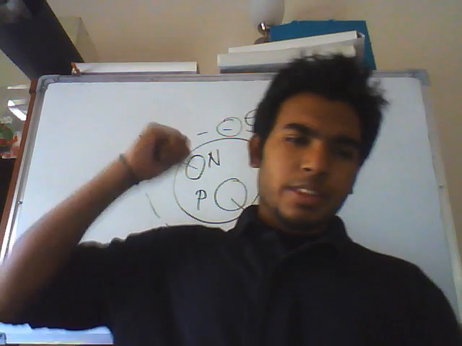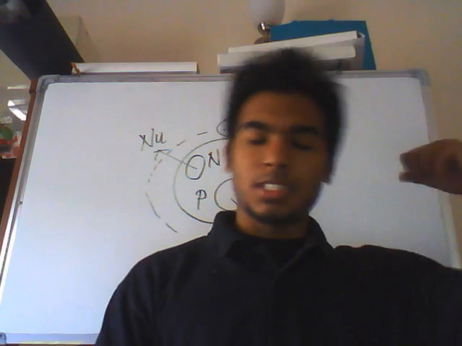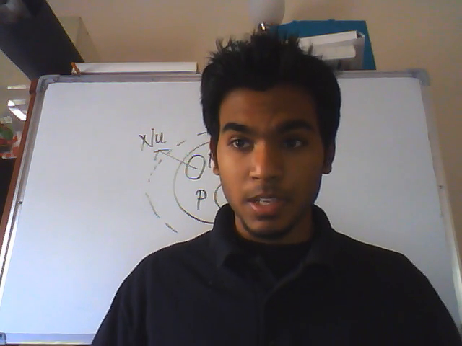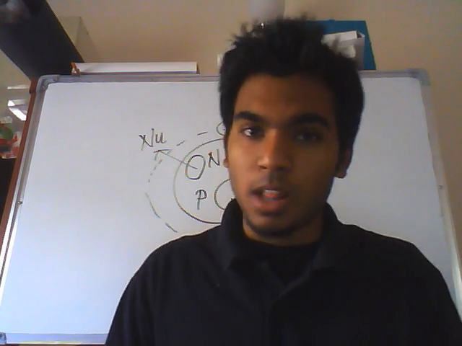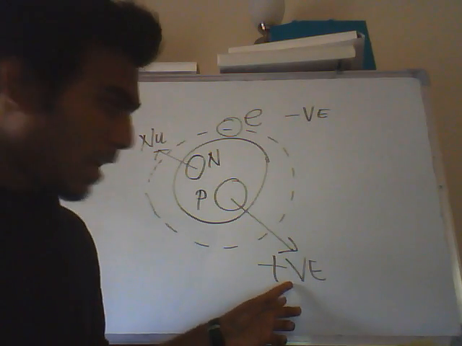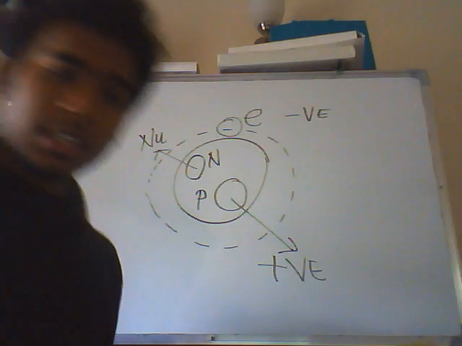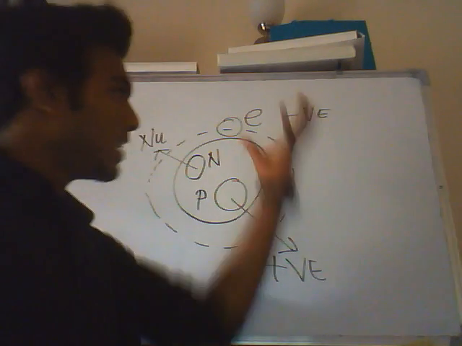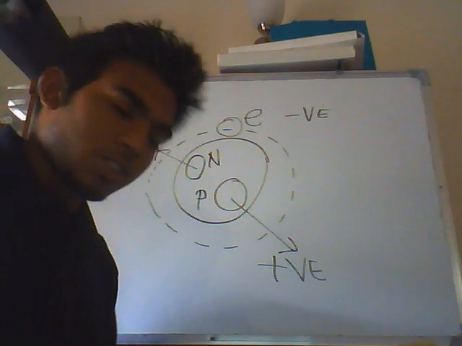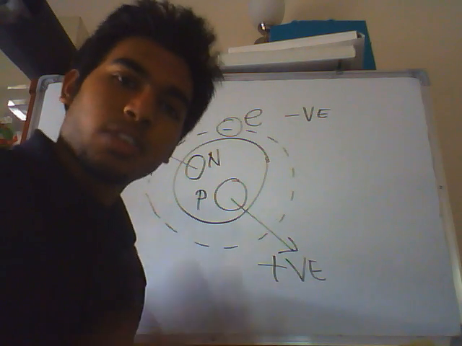Now, this atom right here is neutral, meaning it has no charge as a whole. The reason is that the positive charge and the negative charge cancel out, which means the value of the negative charge and the value of the positive charge are equal.